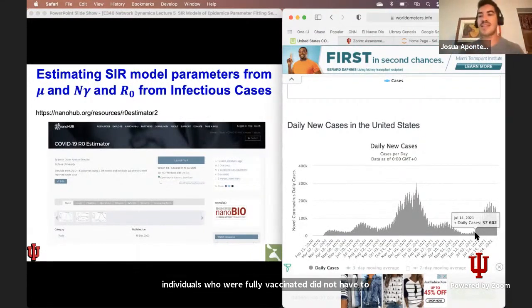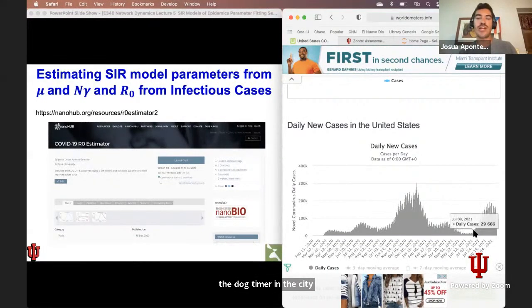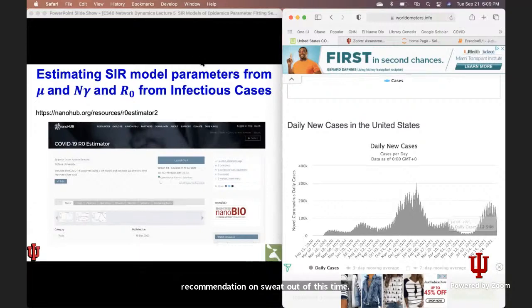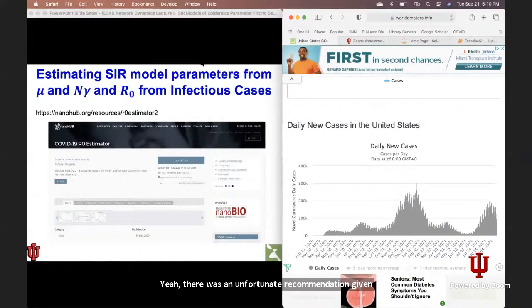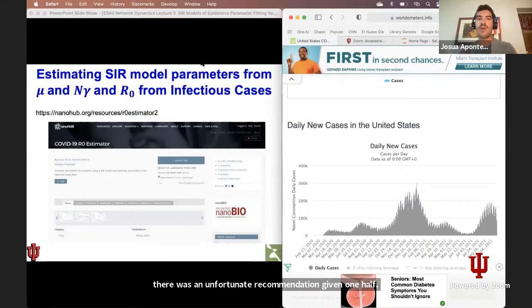But as cases started to rise because of the increased transmissibility of the Delta variant, the CDC changed the recommendation, also around this time. Yeah, that was an unfortunate recommendation given what happened. It was probably what is recognized as a very premature recommendation.